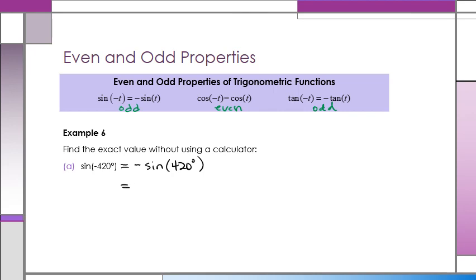And I believe on a previous slide, we said that the sine of 420 degrees was equal to the sine of 60 degrees. Go back a couple of slides just to convince yourself of that. And we know that the sine of 60 degrees is square root of 3 over 2, and so that's what this final answer is.